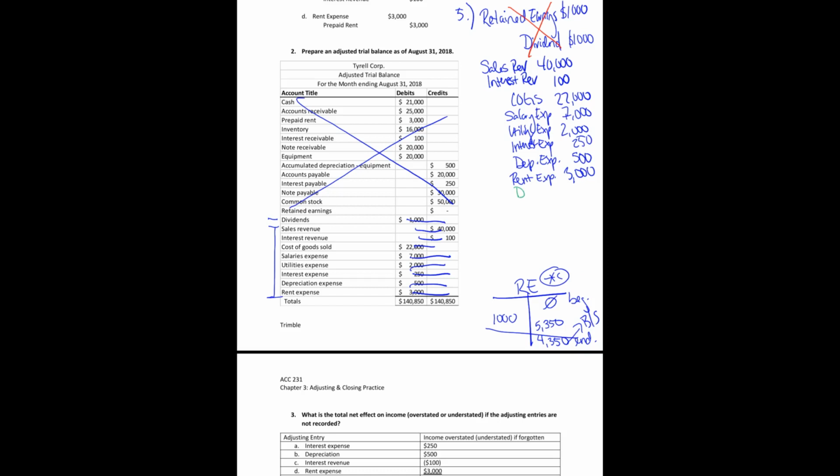You could close dividend in the exact same journal entry by, as we did before here, crediting it by $1,000, and then you would need a balance of $4,350 in order to make your journal entry balance, and that would be directly into retained earnings, so ultimately you would have the same effect.